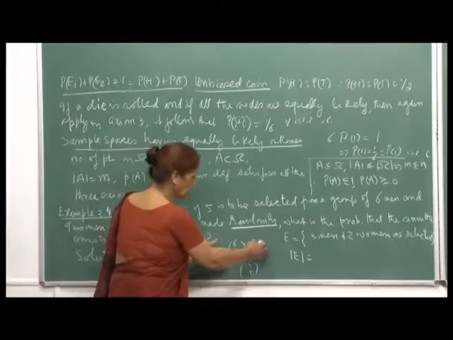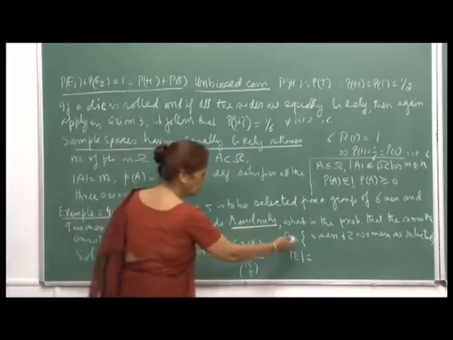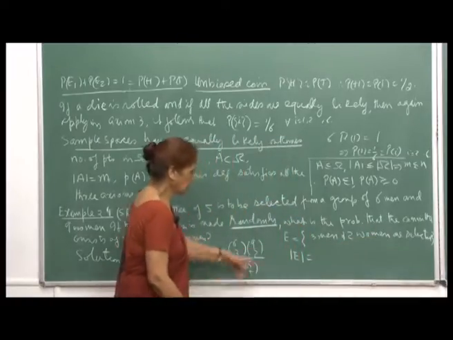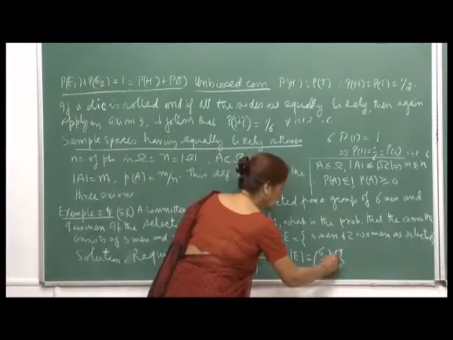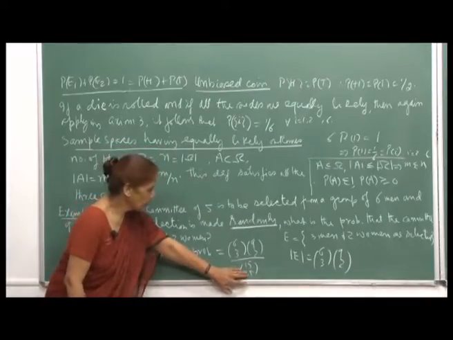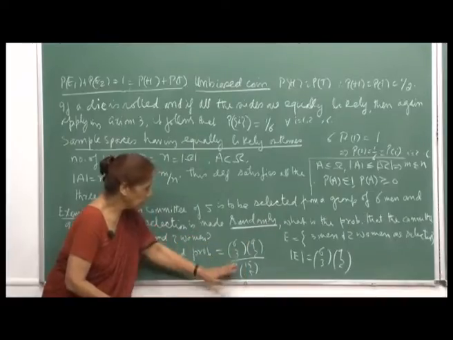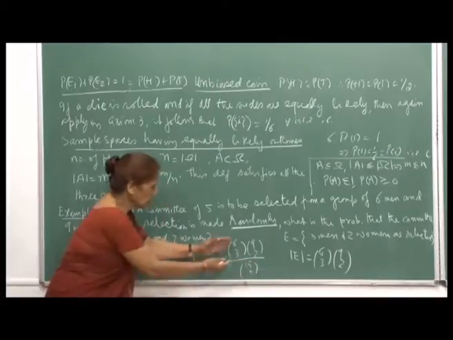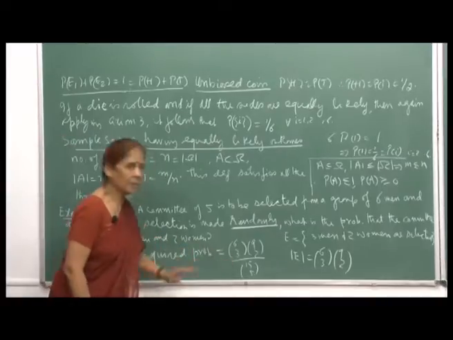This gives you the total number of points in your set A, or the event E. If you define the event E as 3 men and 2 women are selected, then this cardinality is given by 6 choose 3 times 9 choose 2, right, and the total number of ways in which you can select 5 people from the set of 15 is 15 choose 5. Therefore, the number of favorable cases is this, the total number of cases is this. So, the probability of selecting a committee of 3 men and 2 women is given by this ratio.